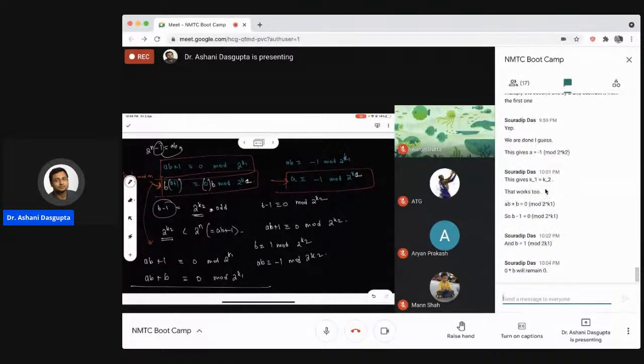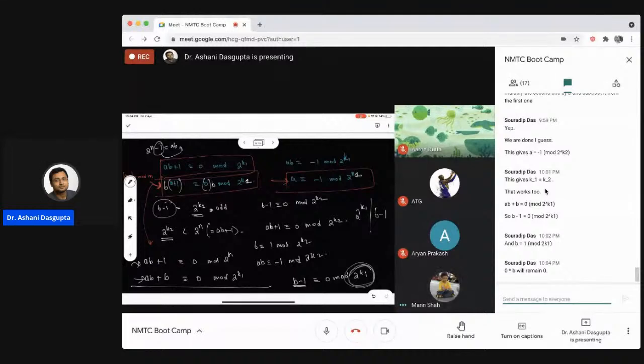Subtracting the first one from the second, you have b minus 1 is congruent to 0 mod 2 to the power k1. So b minus 1 is divisible by 2 to the power k1, which basically means 2 to the power k1 divides b minus 1. But I think we started with the assumption.